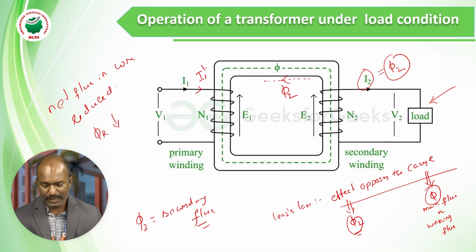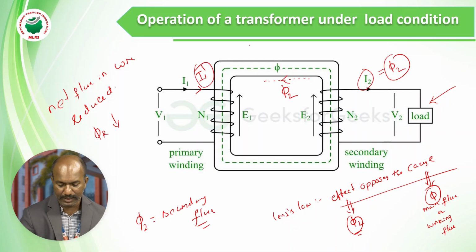So why is it taking another current now? Because of phi 2 which is flowing in the transformer core, the net flux in the transformer core reduces. In order to maintain that flux constant, your transformer takes some energy from the supply, that is I1 dash.